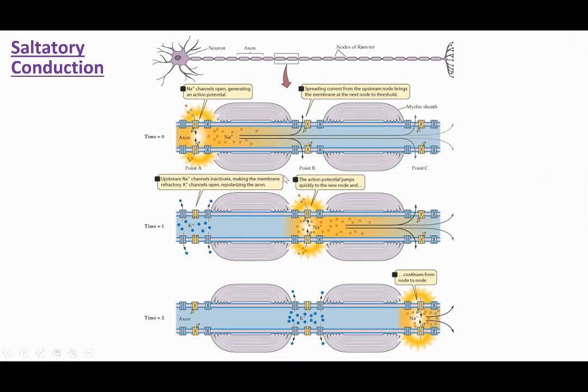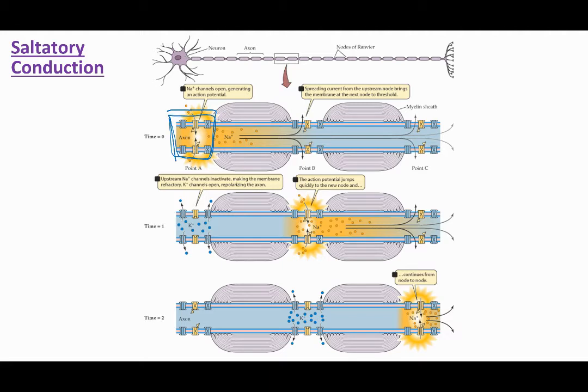So in this diagram, we can see the Schwann cells and the nodes of Ranvier. Notice that the sodium and potassium gated channels are only located at the nodes of Ranvier, and you do not see these ion channels underneath the Schwann cells. So again, we talk about the myelin as being like an insulator. Essentially, you get depolarization happening here at this node.